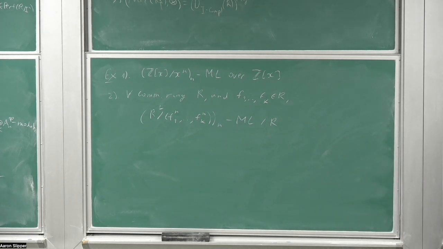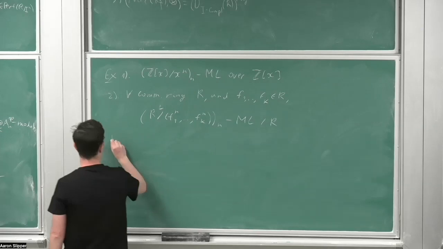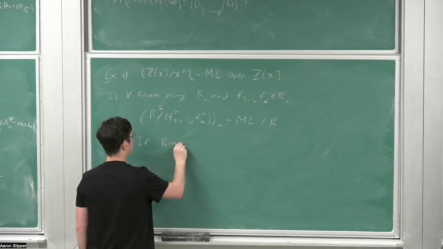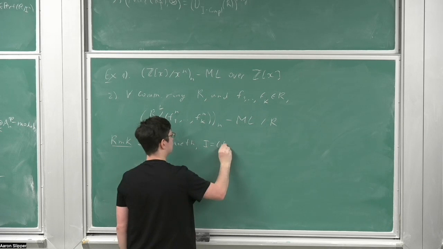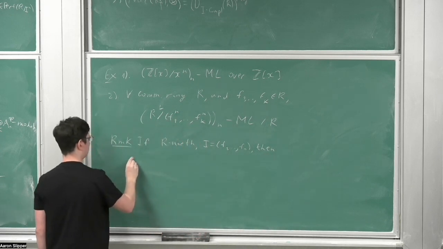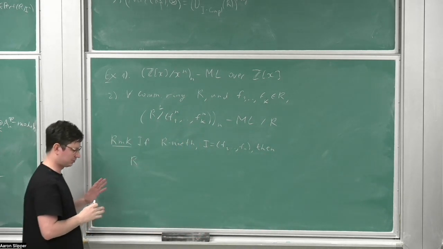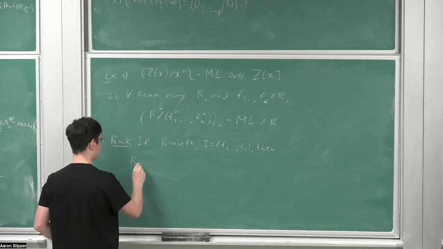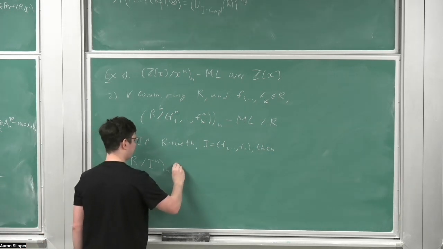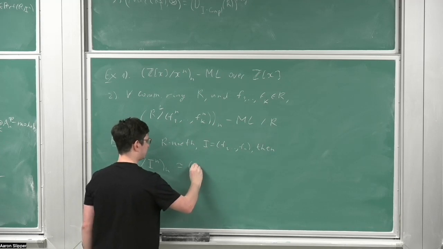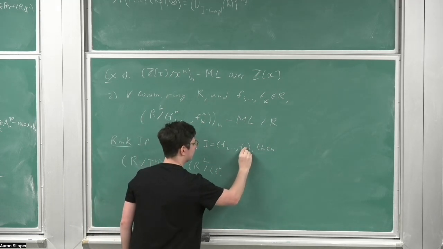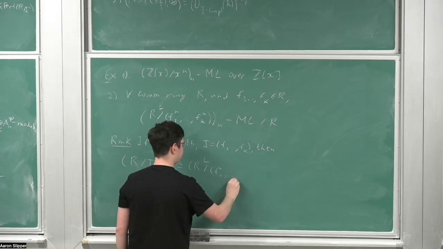Yes. And a remark: if R is noetherian and I is generated by elements f1, ..., fk, then consider this inverse system of DG rings over R. If you consider R mod I to the n, as a pro-object, it is equivalent to the system of derived quotients by f1 to the n, ..., fk to the n.